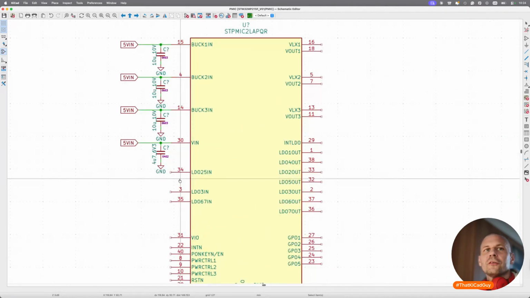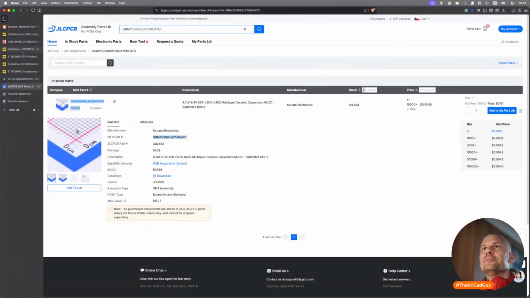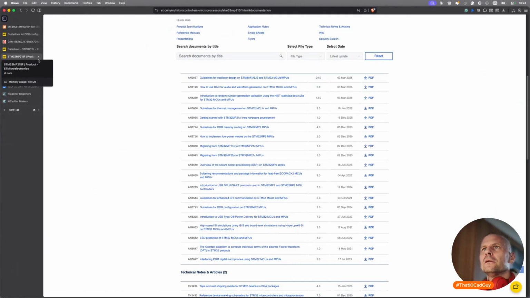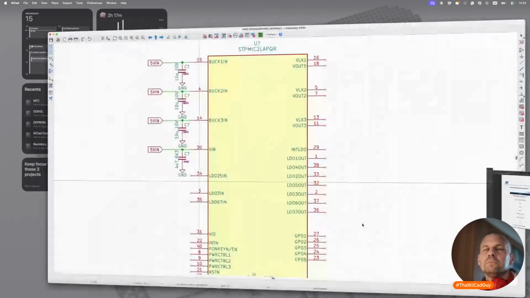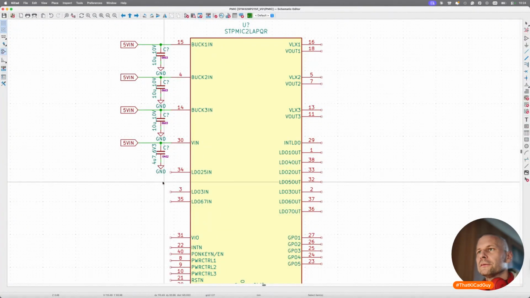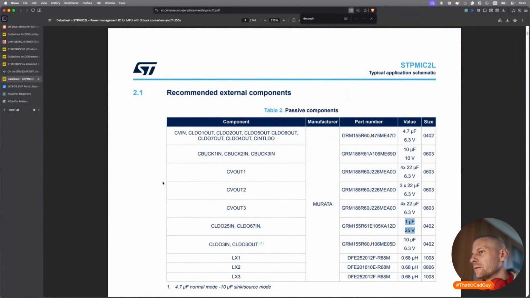So LDO 25 in, it's not 25, it's LDO 25, but yeah. Where is it here? I think this, yes. LDO 25 in 1 micro to 25. Lots of components. At best, I would use the same value as this one.